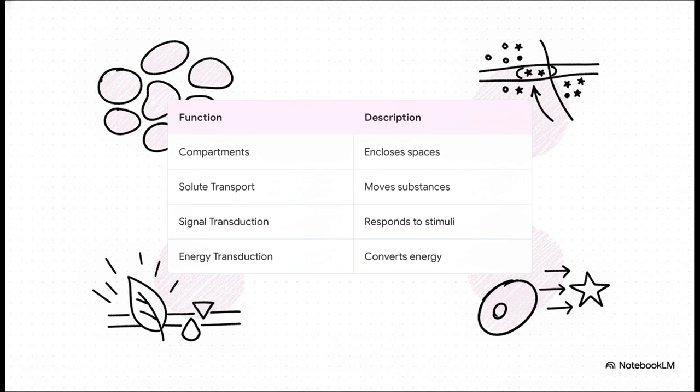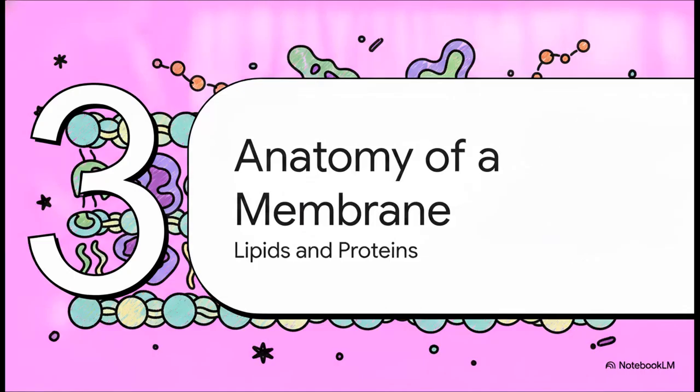Through signal transduction, it acts like a cellular antenna, responding to external stimuli using highly specific receptors. It even handles energy transduction, like converting sunlight into chemical energy in plants. And it's doing all of this while being less than 10 nanometers thick. Unbelievable. Which brings us to section 3, anatomy of a membrane, how lipids and proteins exist in perfect harmony.